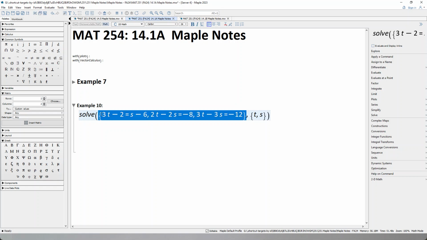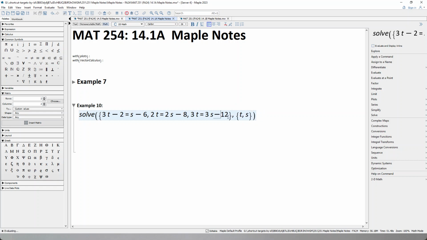So curly bracket, and then 3t minus 2 equals s minus 6, comma, then the second equation, 2t equals 2s minus 8, and then 3t equals 3s minus 12.